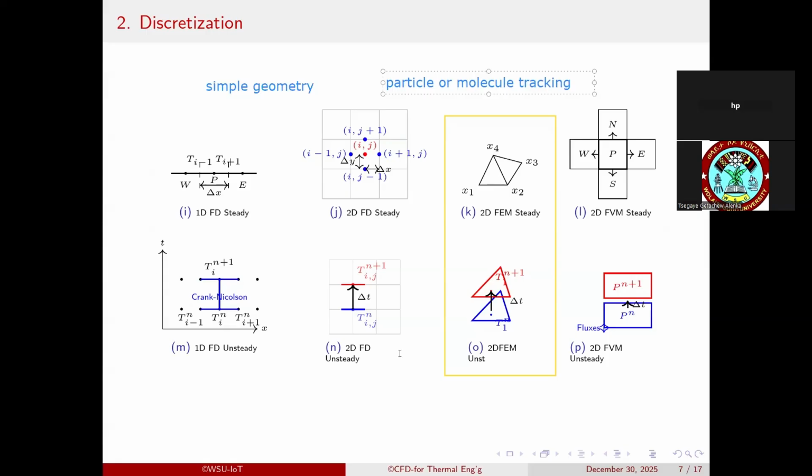This can offer mesh flexibility, such as unstructured mesh, and coding simplicity. It can become resource intensive.